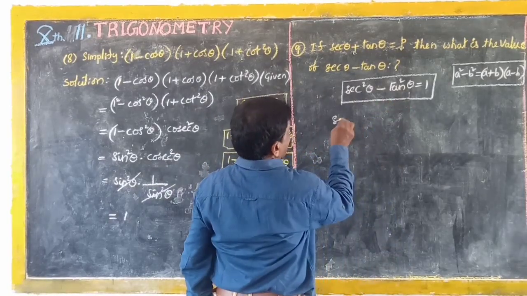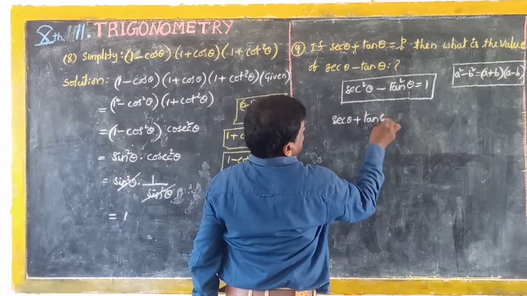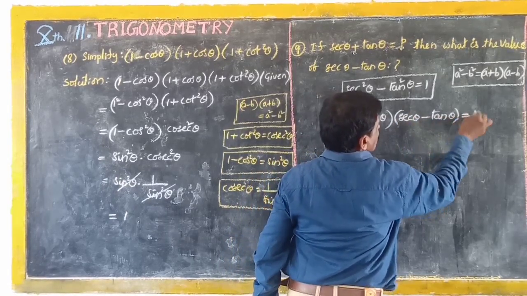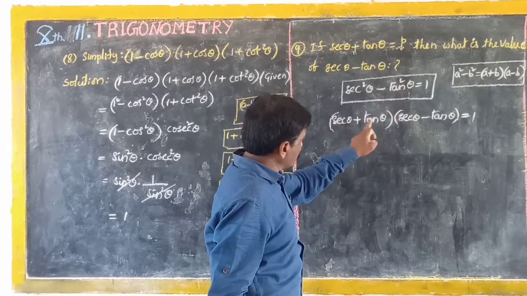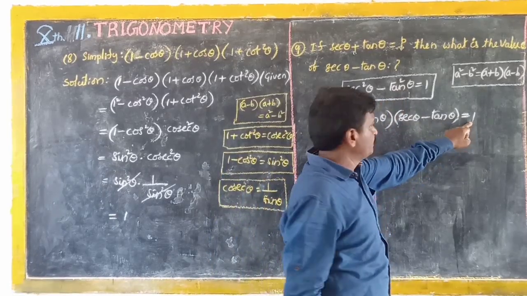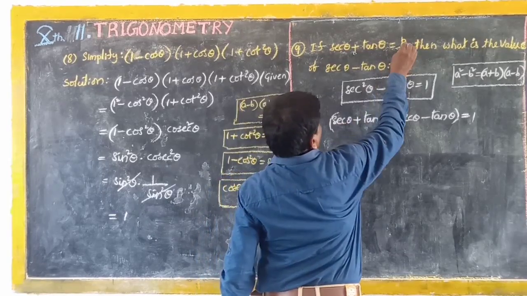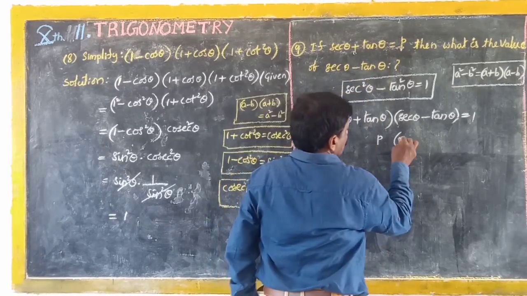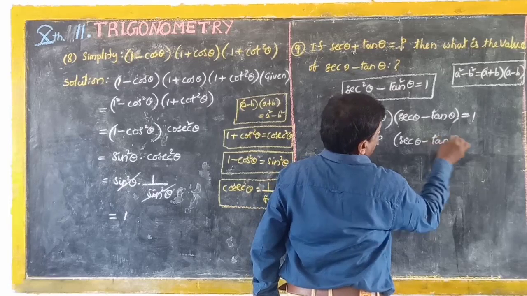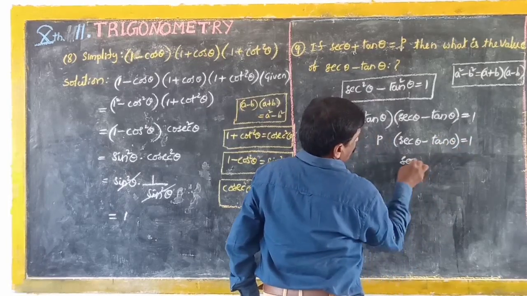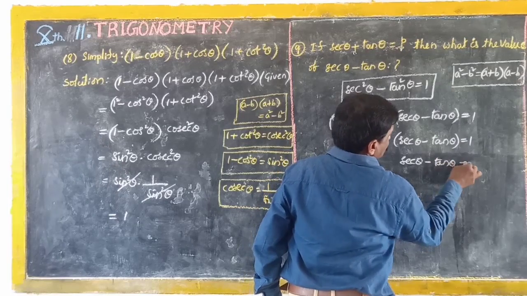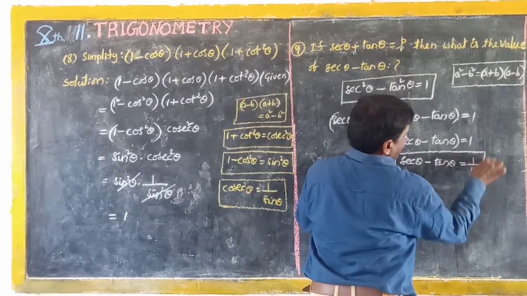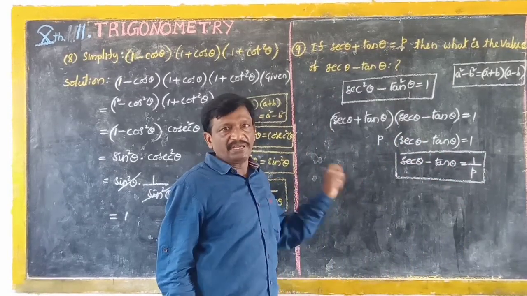So (sec theta plus tan theta)(sec theta minus tan theta) is equal to 1. Sec theta plus tan theta is equal to p, given, so p into (sec theta minus tan theta) is equal to 1. So sec theta minus tan theta is equal to 1 by p.